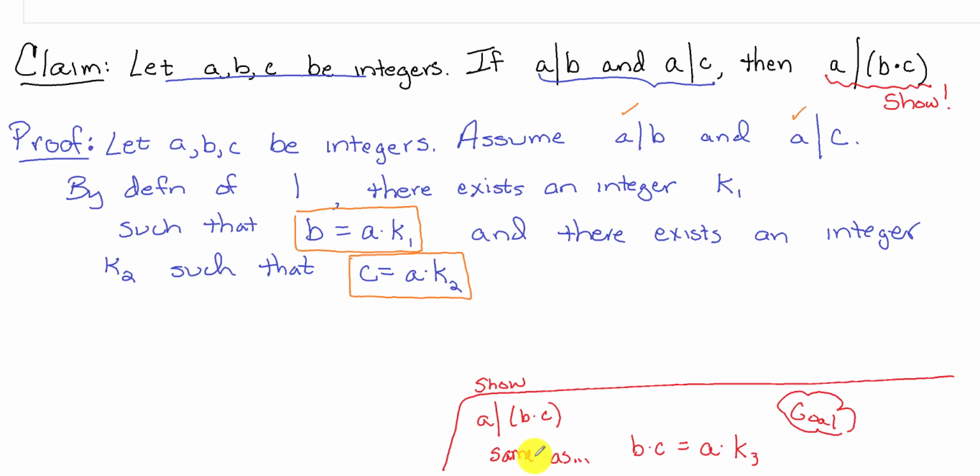So I do know what B equals. I do know what C equals. So let's multiply those together so that we can head towards this equation. All right, so back to my proof, as if I knew what I was doing all along.